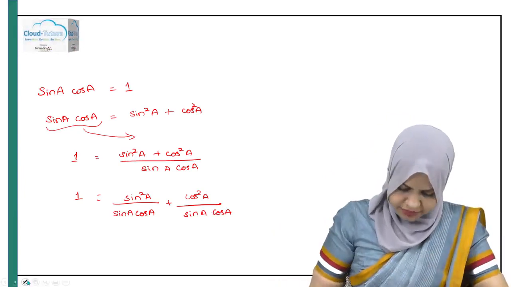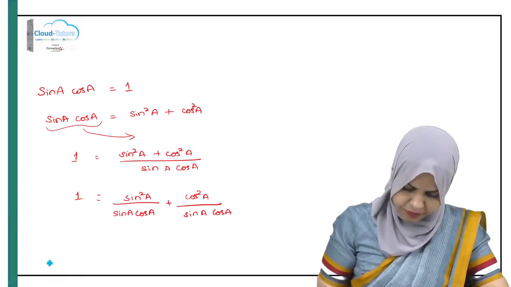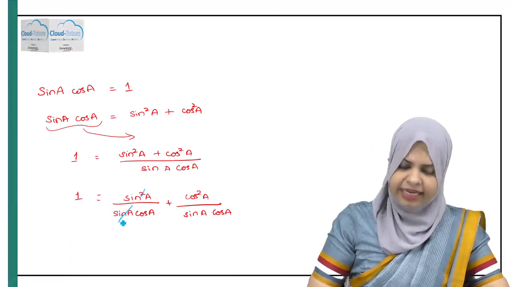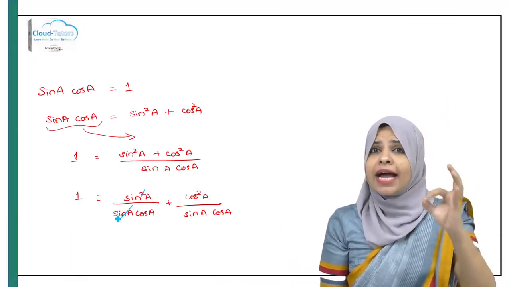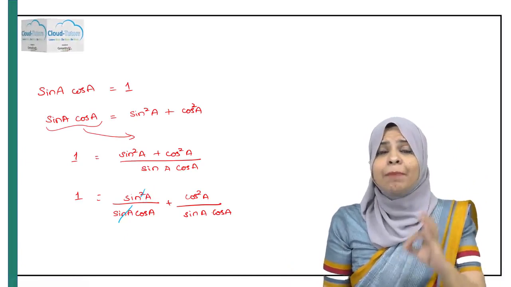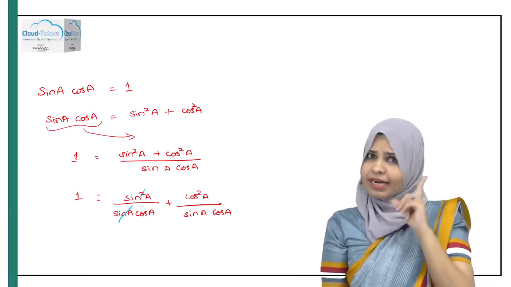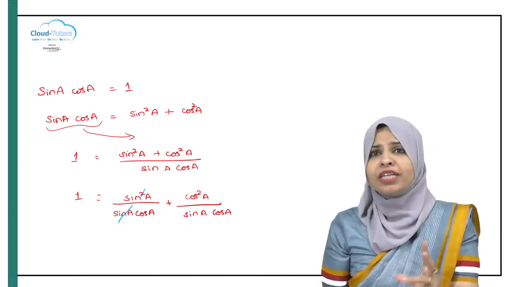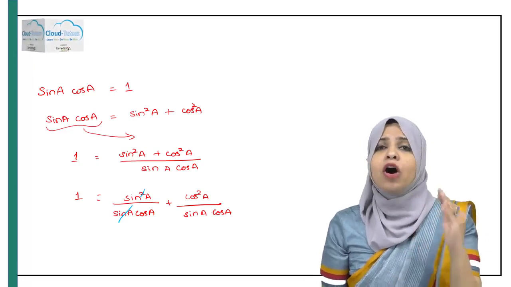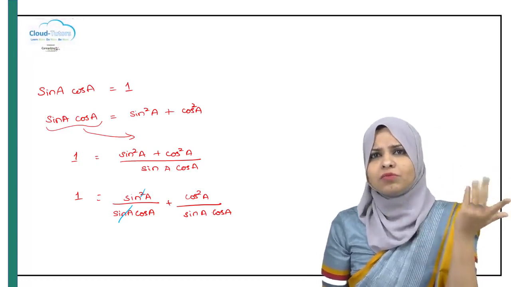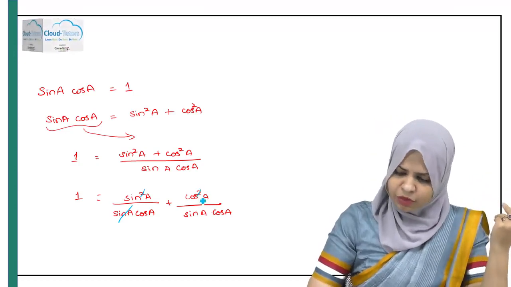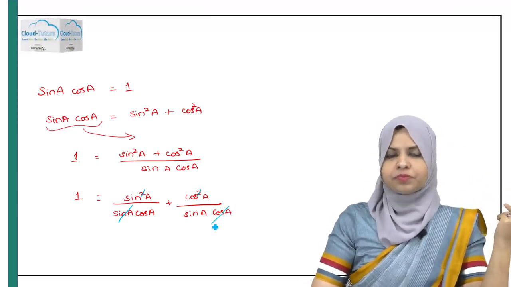Now, observe here, what happens? The square and sin A cancel. If I use the law of exponents, a^m by a^n is a^(m-n), you can use the exponents law here, or just 2 and 1. 2 minus 1 is 1. So only sin remains. The same thing goes with cos.